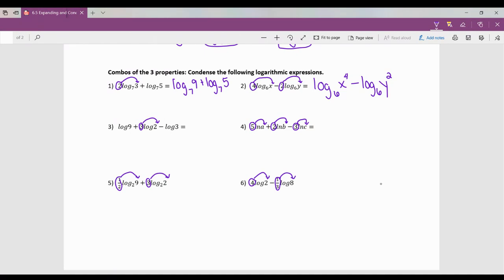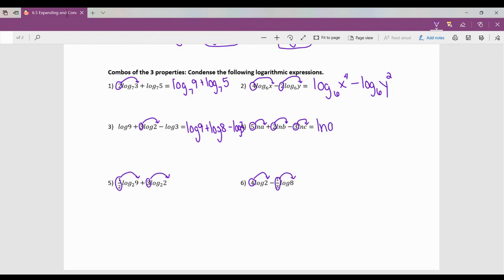All right, for this next one, it's log 9 plus log 2, exponent is 3, minus log 3. All right, but I know what 2 to the 3rd is, so I'm going to erase that and put what it's equal to, which is 2 times 2 times 2, 8. Okay, so now for the next one, we've got ln.